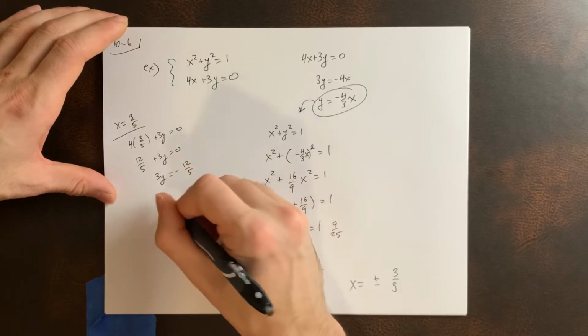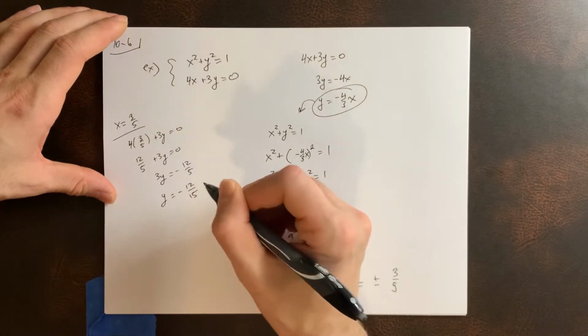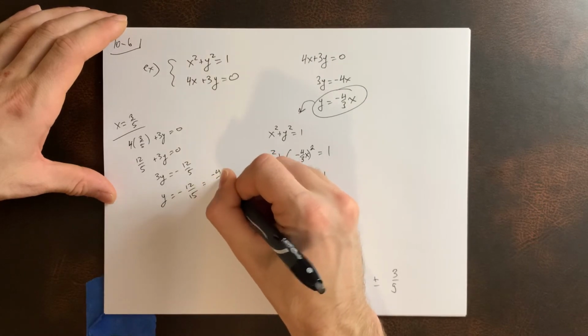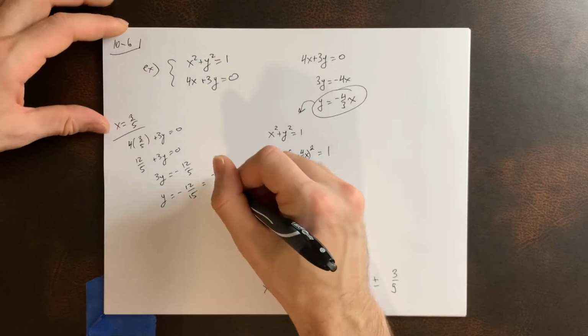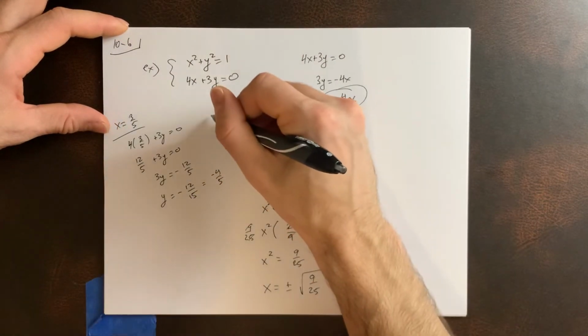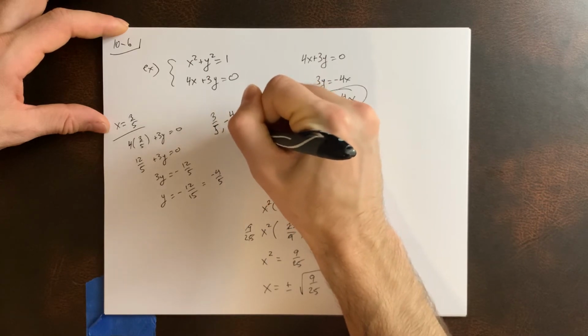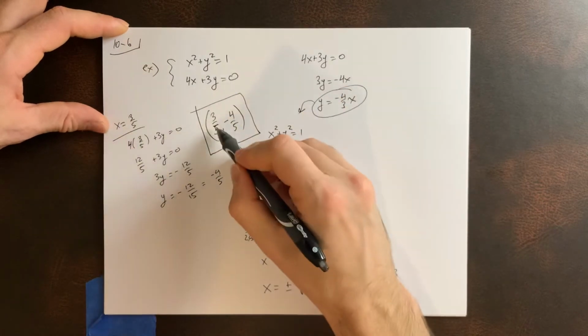We divide by the 3, y is equal to minus 12 over 15, and we can simplify that to minus 4 over 5. So when x is 3 over 5, y is minus 4 over 5. Here's one of our answers, 3 over 5, minus 4 over 5. Here's x and here's y.